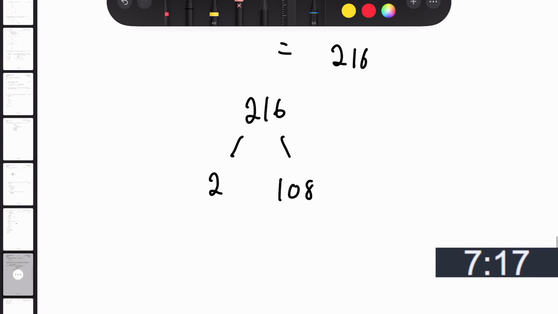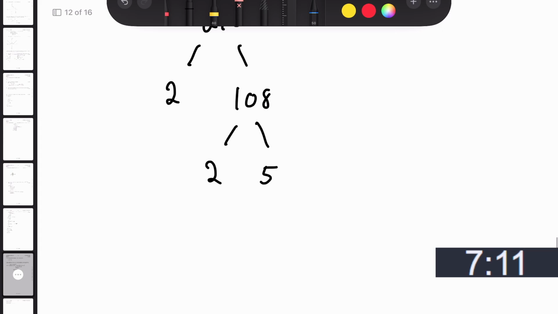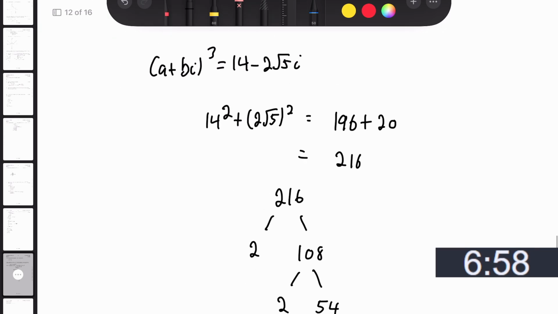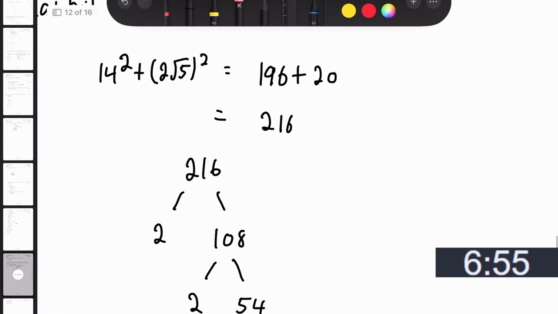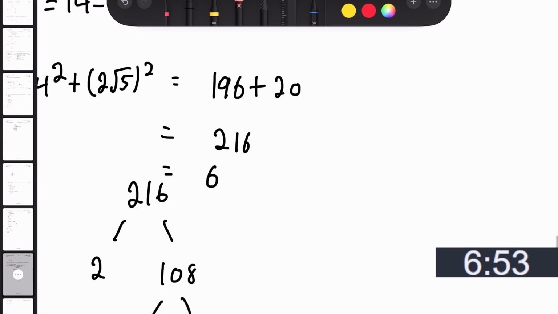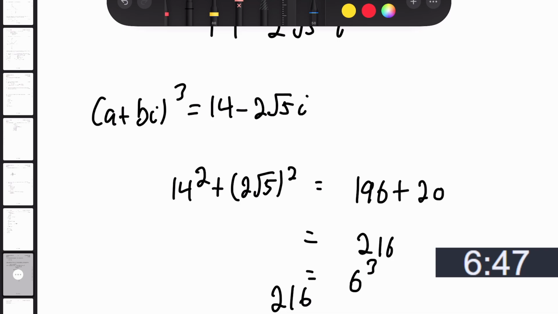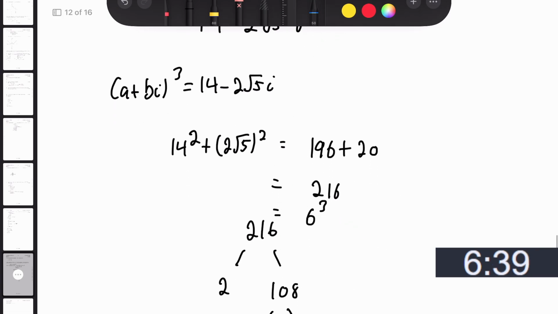Two and 108. 2 and 54. 2, 27. 3, 9. 3 and 3. So it's 6 to the power of 3. So if I find 216.